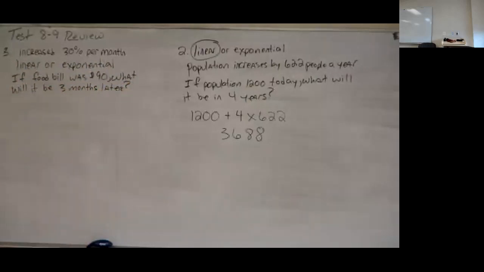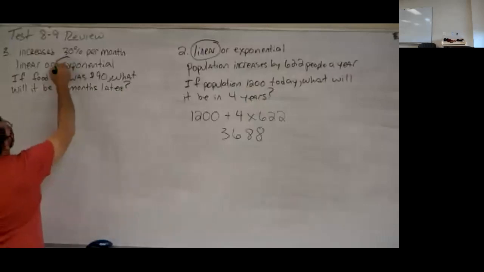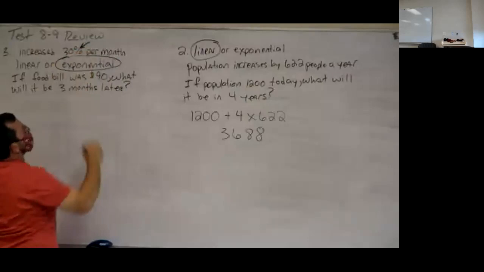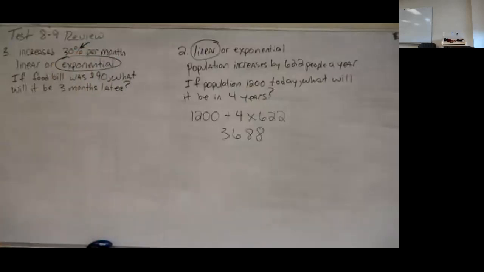So you were right, that is definitely exponential because now you're looking at percents per month. Anytime you see those percents, just remember exponential. I worked these a little differently because each year, if you're adding 30%, you start with different amounts each year. On this one I'm going to start with $90.